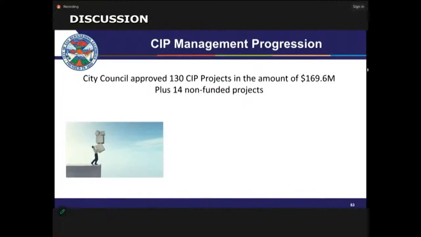When we first started, we were balancing a pretty heavy load with a lot of odd-shaped requests. We were getting peppered with a bunch of different things. We were dealing with staff transitions. People have come and gone. We've integrated a new augmented program. So it was very challenging. The road ahead was very, very difficult.